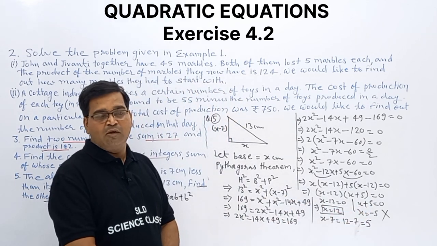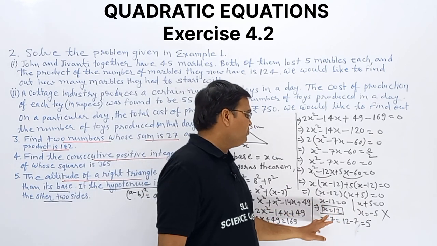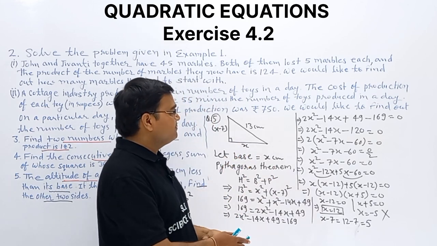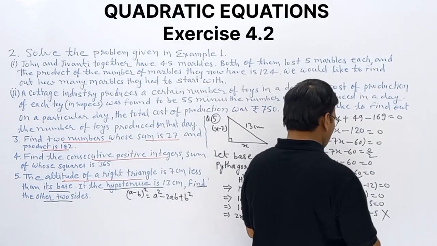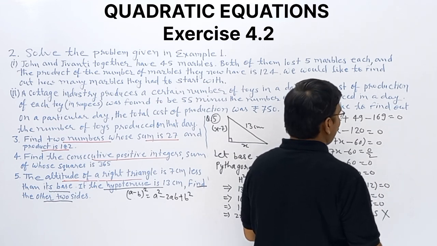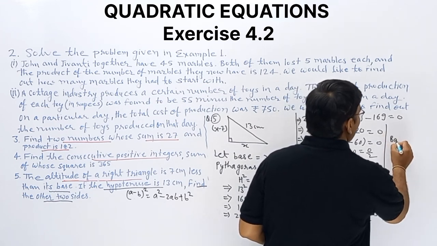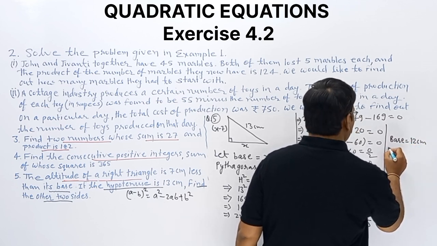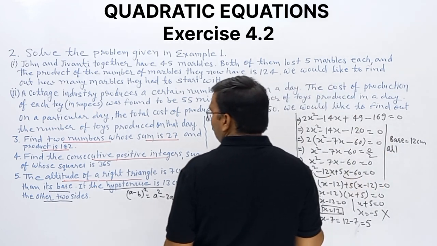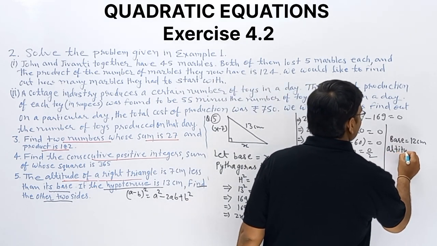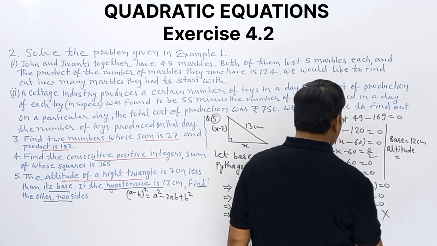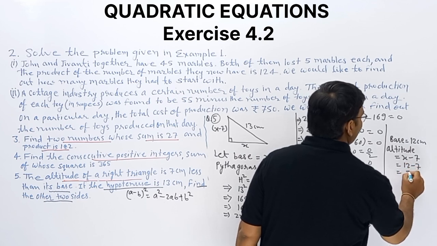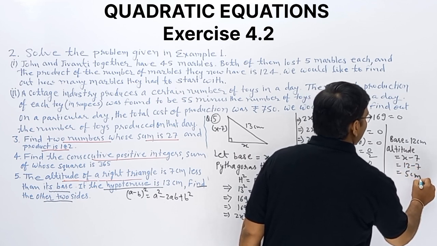Negative cannot be height or base, so we cannot use this one. We will use x equal to 12. So in the result we can write: base equal to 12 centimeter, and altitude will be x minus 7, which is 12 minus 7 equal to 5 centimeter. 5 centimeter.